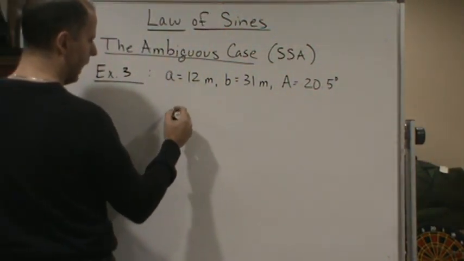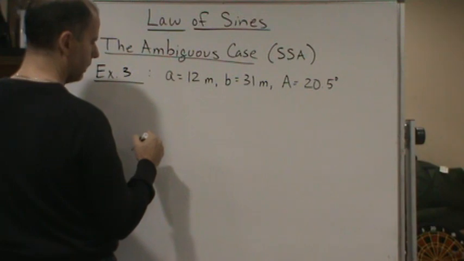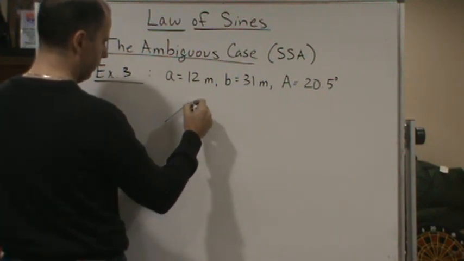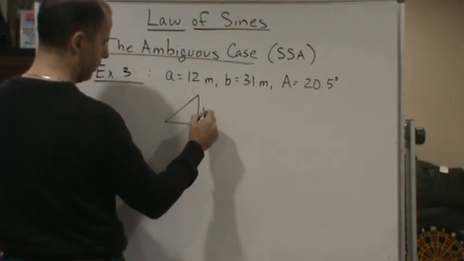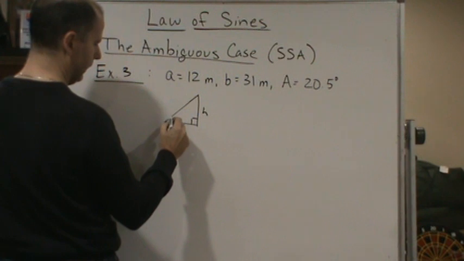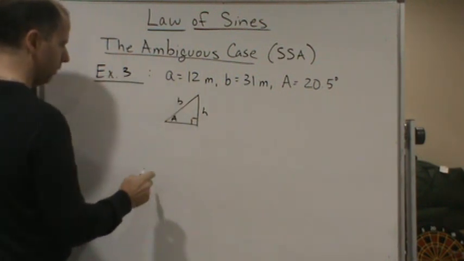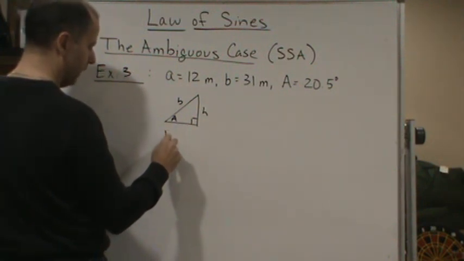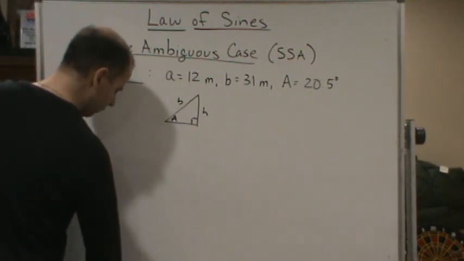So again, we've got, how do I want to do this? Let's go like this. So here's h, here's a, and here's b, right? So we know that sine A is h over b.